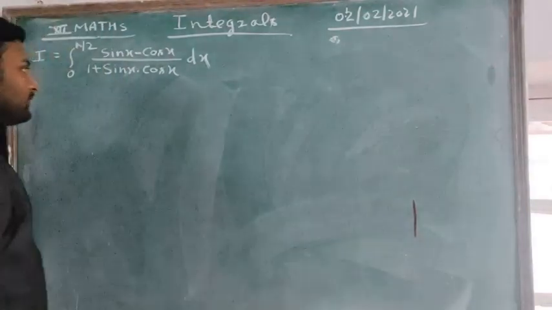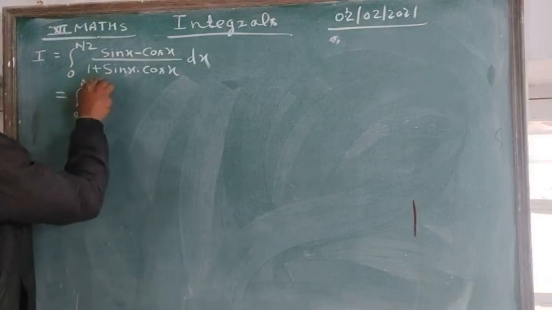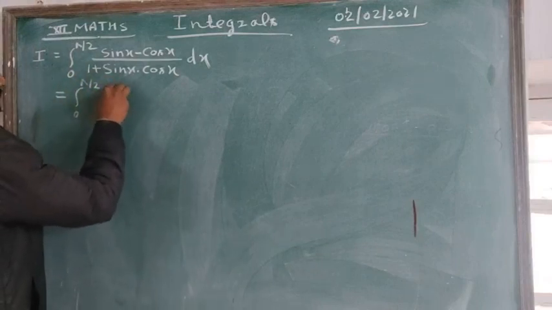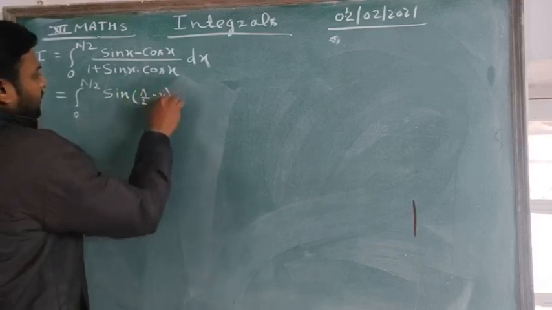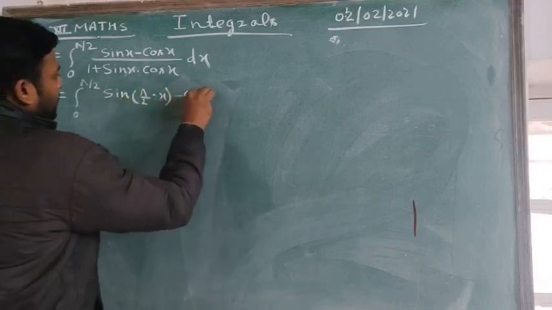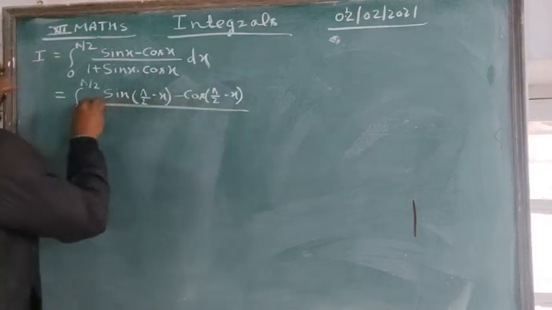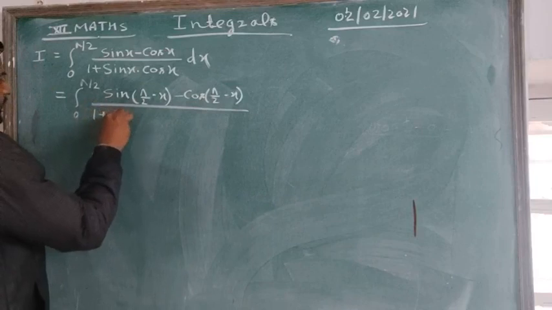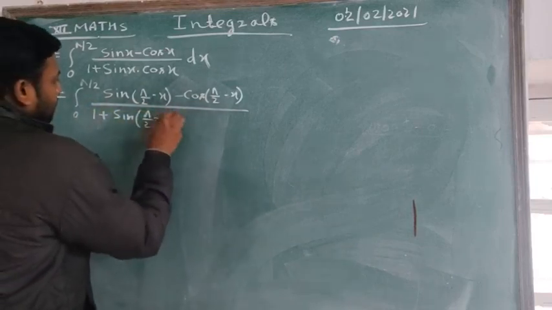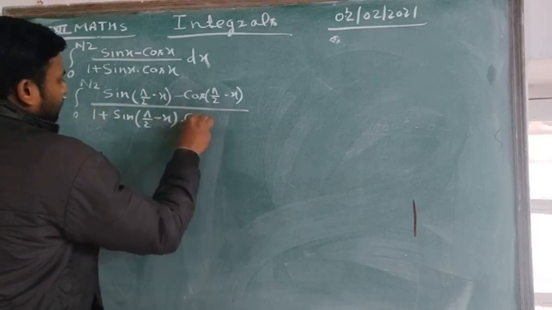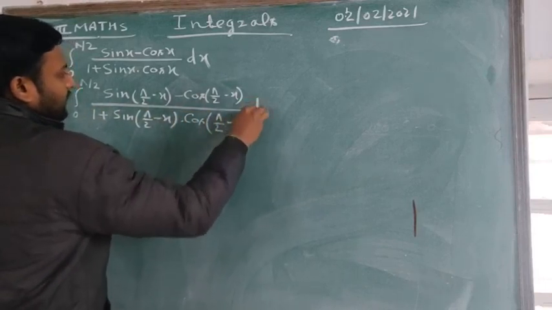So we write the integral from 0 to pi by 2 of sin(pi by 2 minus x) minus cos(pi by 2 minus x) by 1 plus sin(pi by 2 minus x) into cos(pi by 2 minus x) dx.